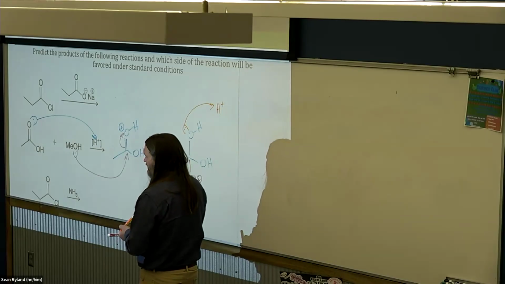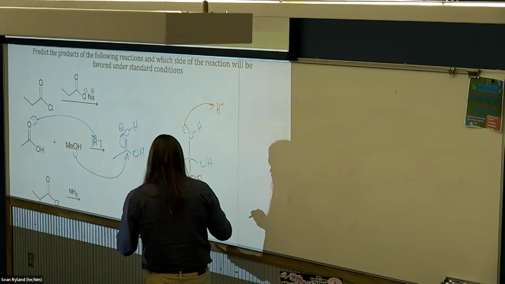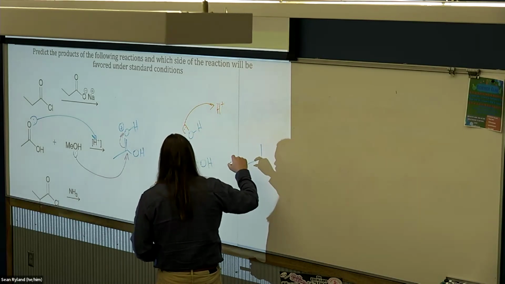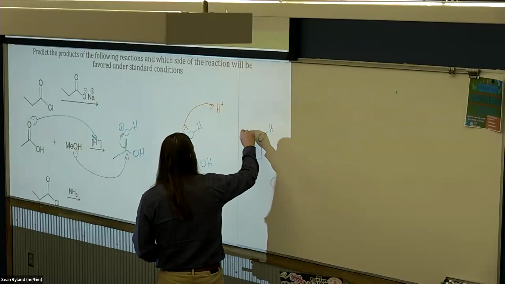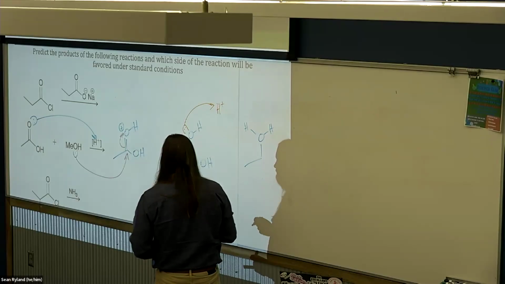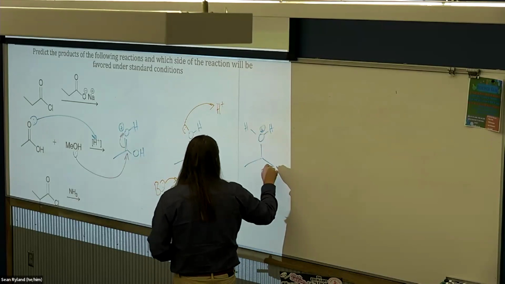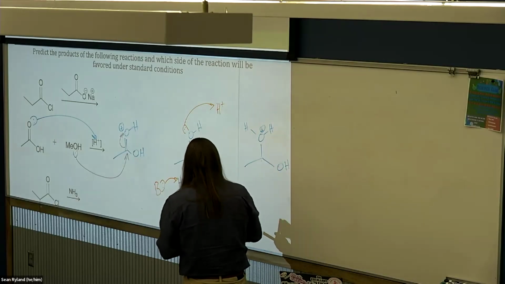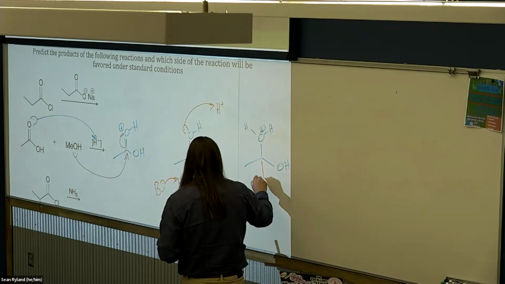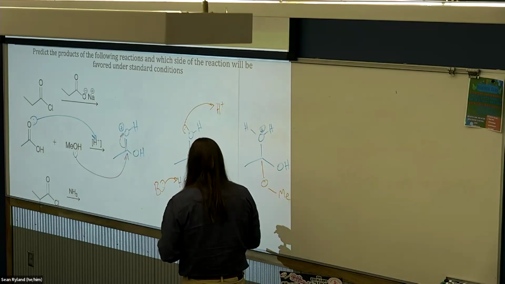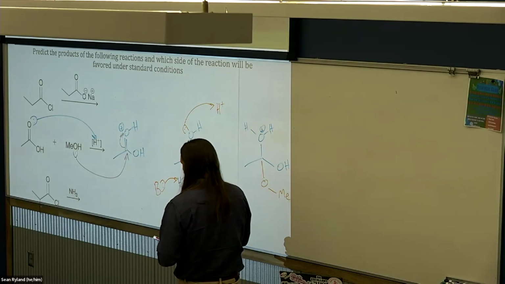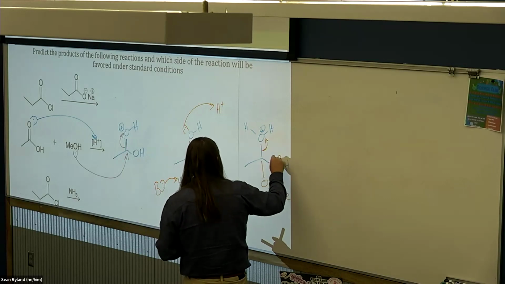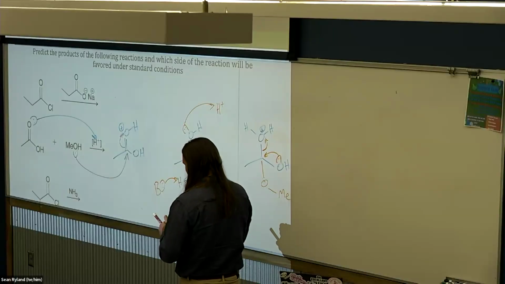So we need a generic base, something that can accept the proton. Would we probably use water? Yeah, water would work. And then you kick off the water at the top. Water leaves, and we reform the pi bonds.